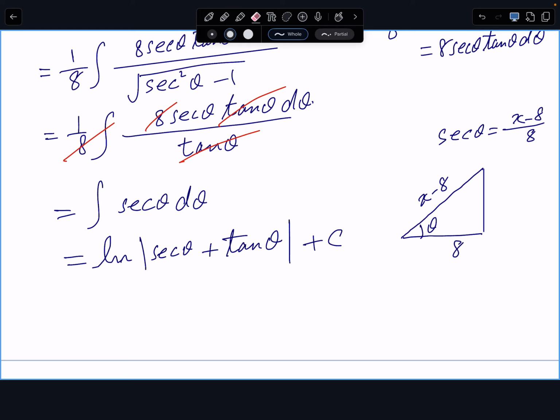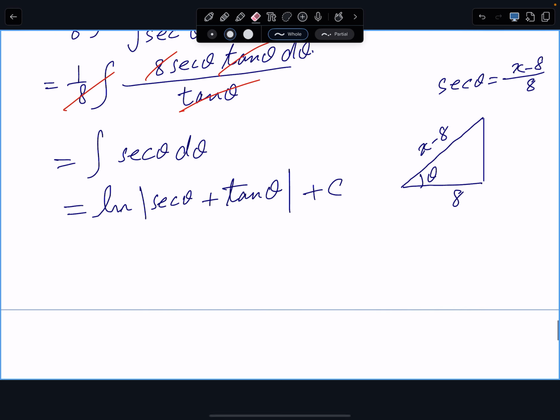So what is this one equal to? If this one is y, this one means this square minus this square under the square root. X minus 8.